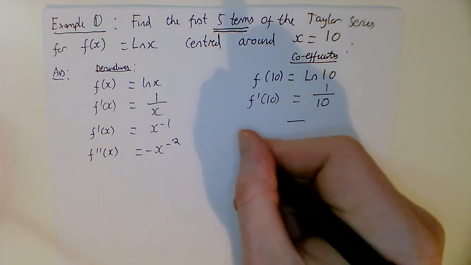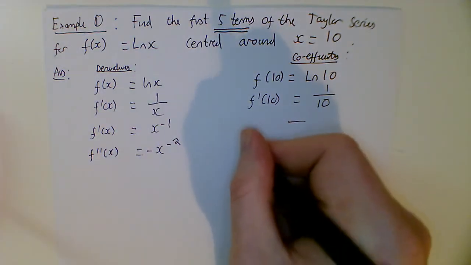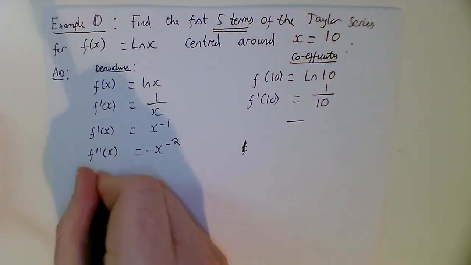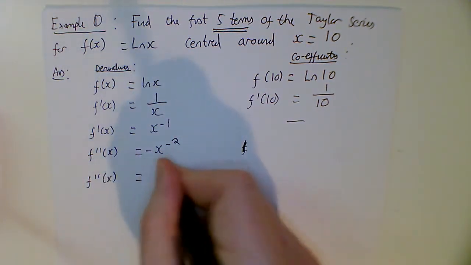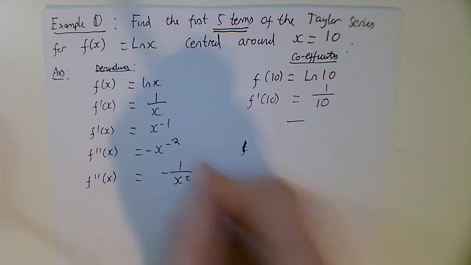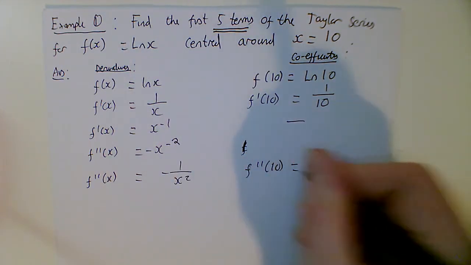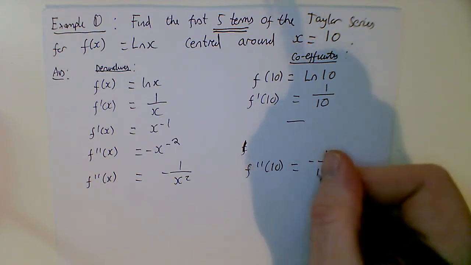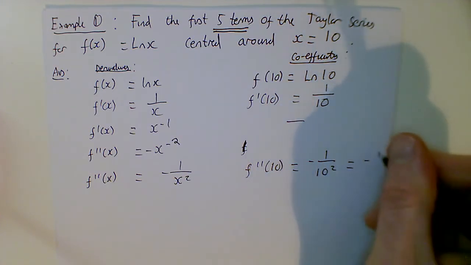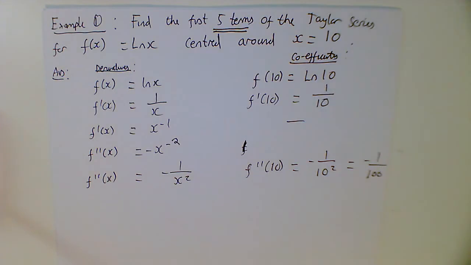And remember, that means negative 1 over x squared. So f double dashed of 10 is negative 1 over 10 squared, which is negative 1 over 100.